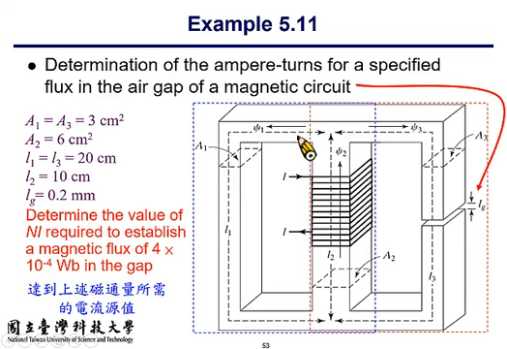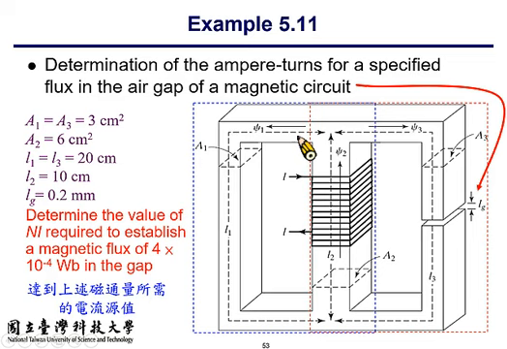However, you can imagine that the presence of this gap is relatively important to the analysis of the circuit. And the problem asks you to determine the Ni value, that is, the driving force of the magnetic flux, Ni in the middle.